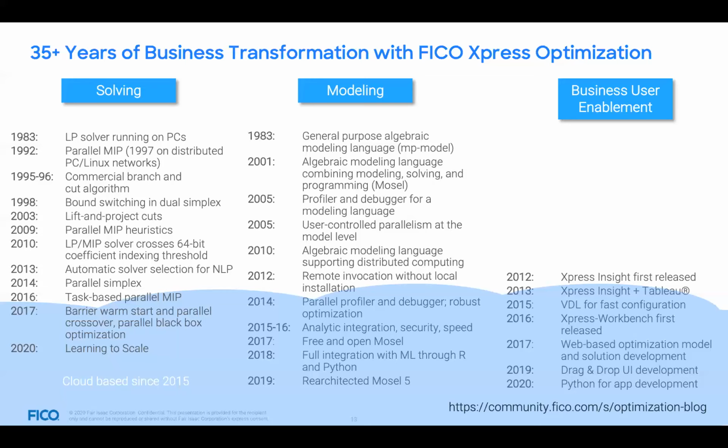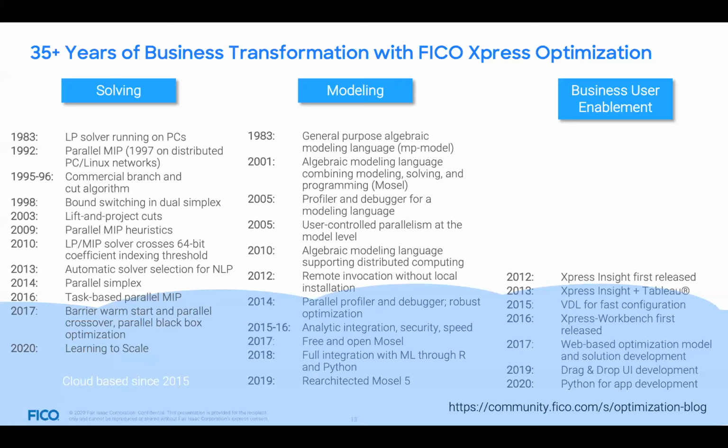You can see lots of other innovations: parallel MIP heuristics, 2010, the ability to solve really large problems, larger than anyone in the industry back then. The first commercial parallel simplex implementation in 2014, still in our suite.